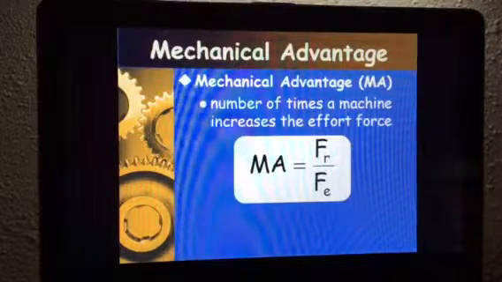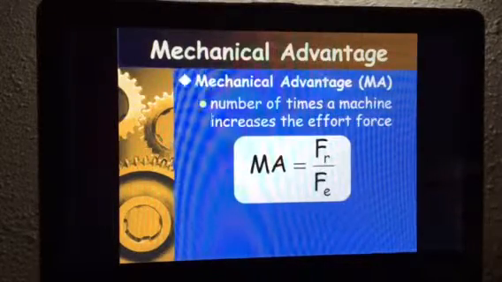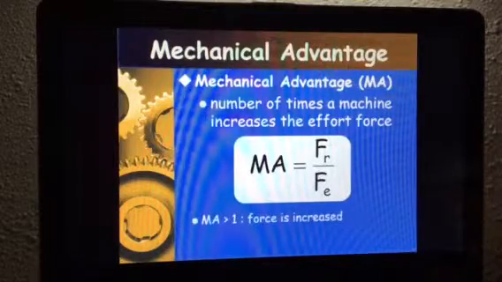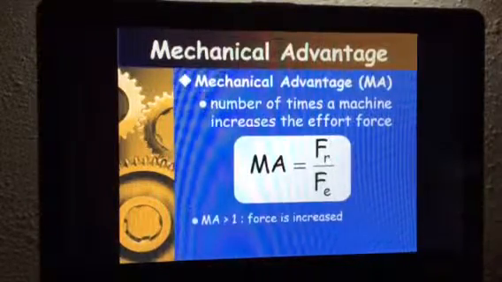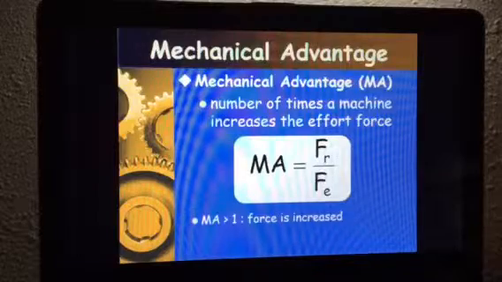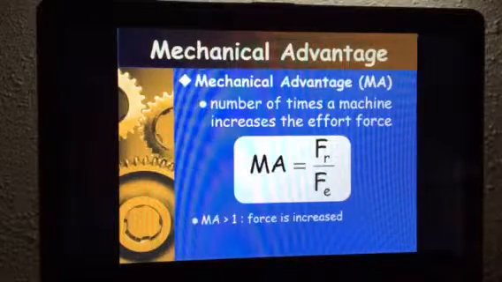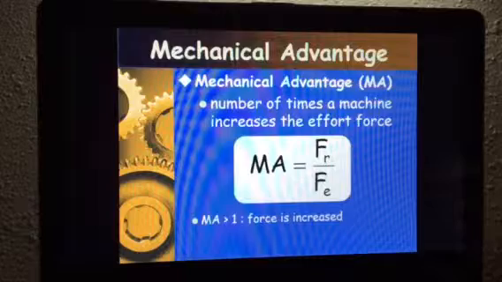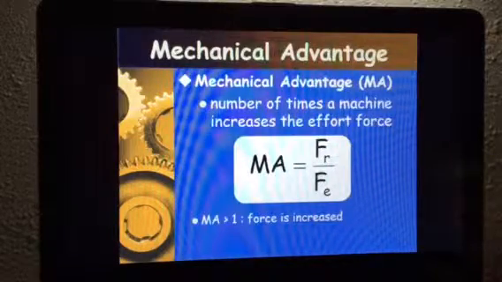So you also have to know the force done by the machine over the force that you put into it. The force that you put in should always be greater than the force being put out by the machine, and therefore the mechanical advantage is always going to be less than 1.